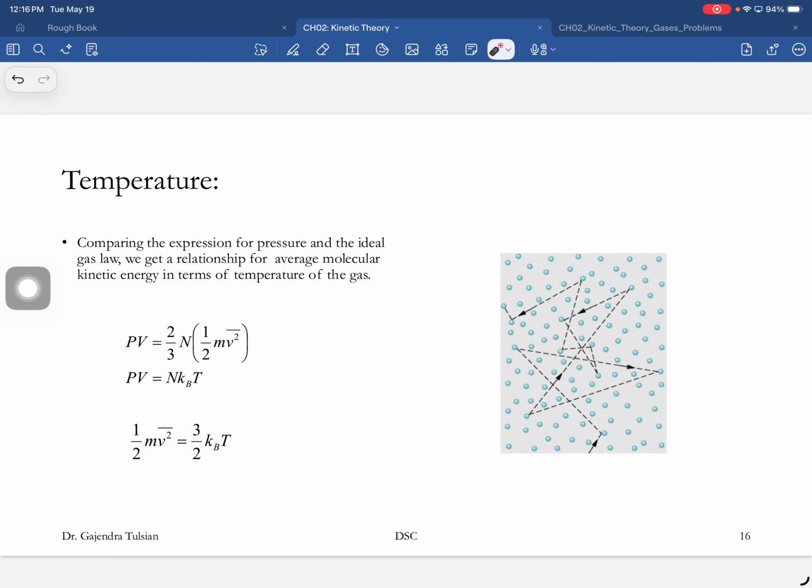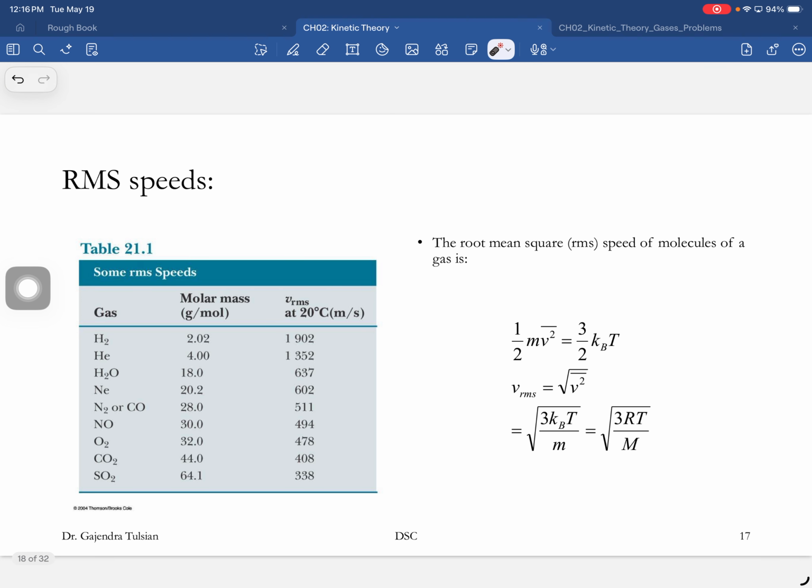So those are the two main expressions from this chapter, again relating microscopic quantities to macroscopic quantities. The temperature gives you the average kinetic energy per molecule. And now you can see that the greater the mass of the molecule, the lower the speed. So here are the speeds at 20 Celsius, at room temperature.